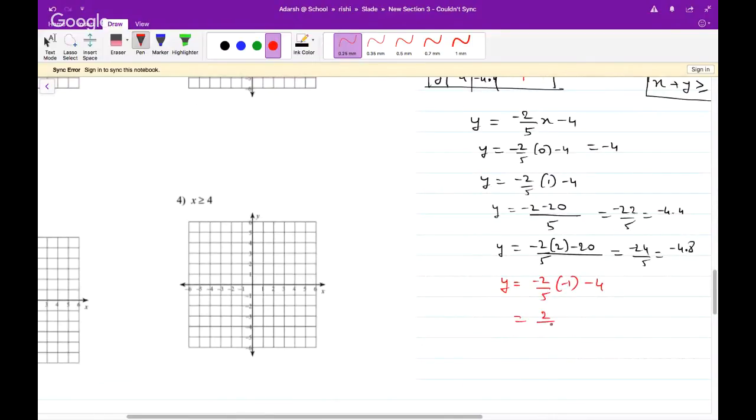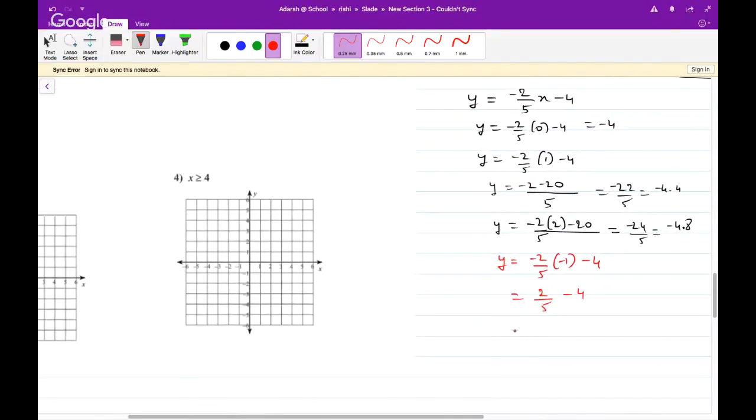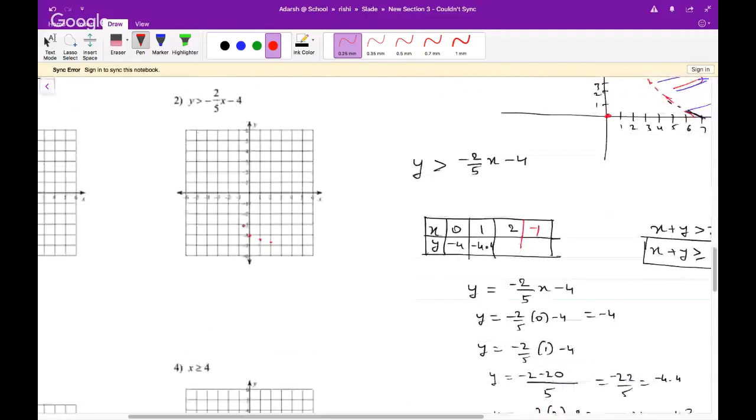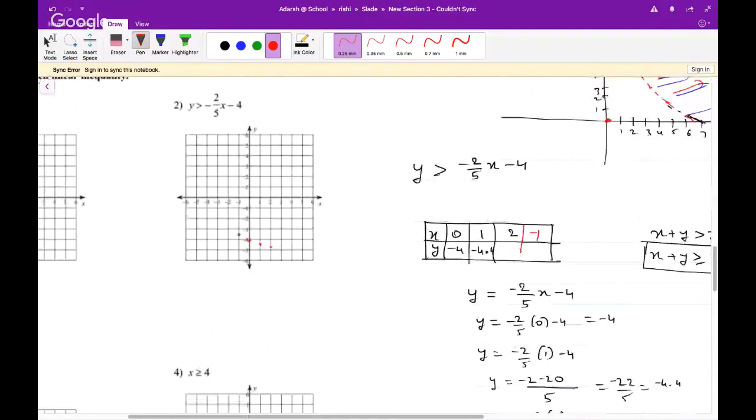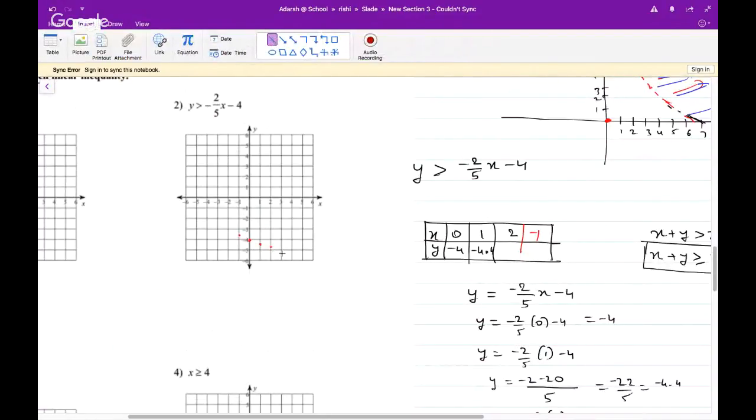So this is 2 by 5 minus 4, so negative 18 by 5, which is minus 3.6. So when x is minus 1, y is minus 3.6 here. So now plot the line passing through all these points.